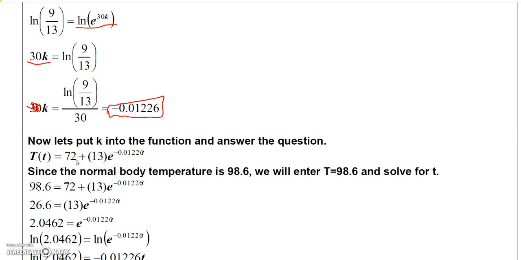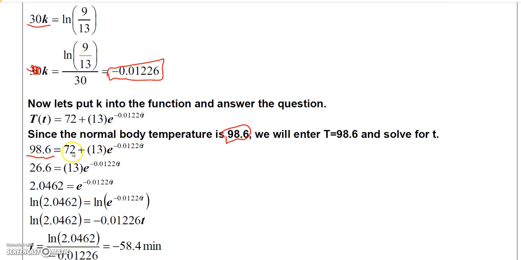Your normal body temperature, obviously when you're alive, is 98.6 degrees. So I'm going to put 98.6 degrees in here, and then I'm going to solve for the time, and that'll give me the time when the temperature of the body was 98.6 degrees. In other words, the time when the person was still alive.